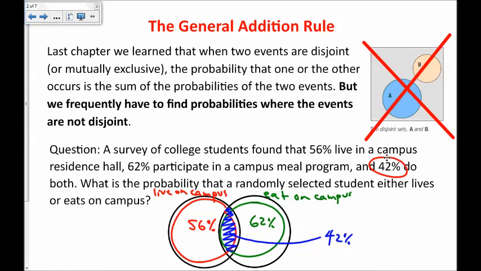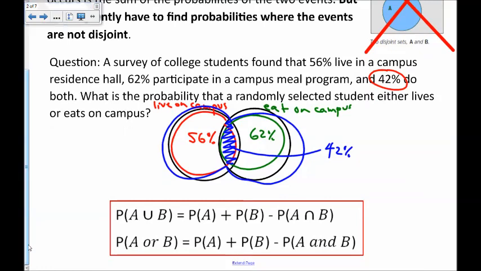So the way that you find the probability that a randomly selected student either lives on campus or eats on campus is with this formula: the probability of one plus the probability of the other minus the intersection, meaning the part they have in common, because that has been double counted.